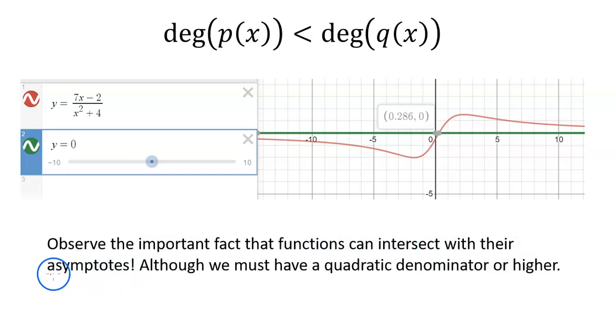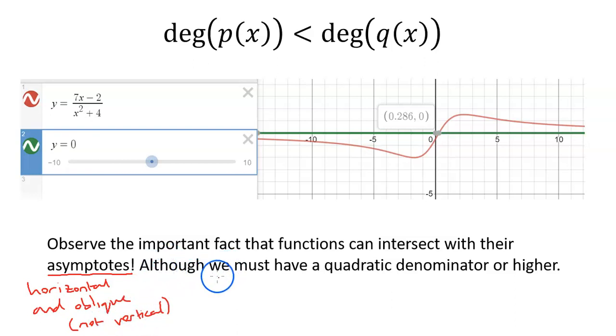Well, horizontal and oblique, not vertical, since the function isn't even defined at its vertical asymptotes.